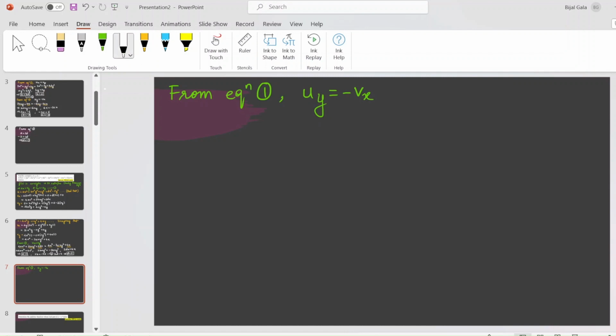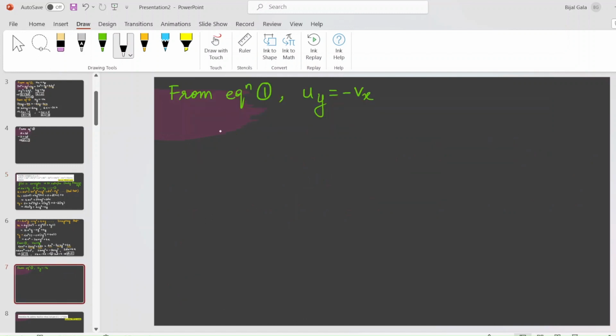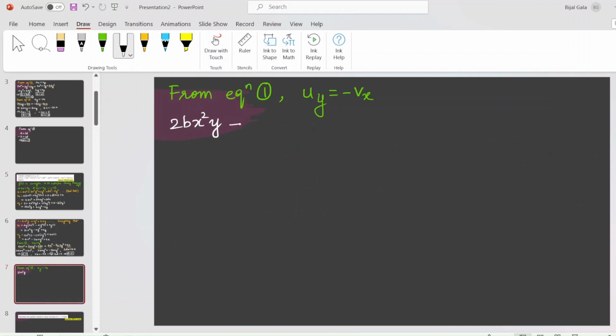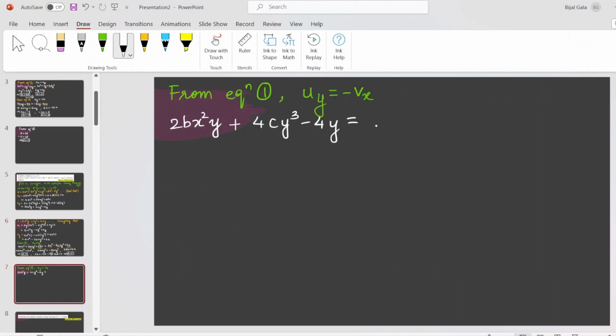Okay, getting back here. uy is 2bx square y plus 4cy cube minus 4y. Negative vx would be, negative terms applied here, negative 12x square y.